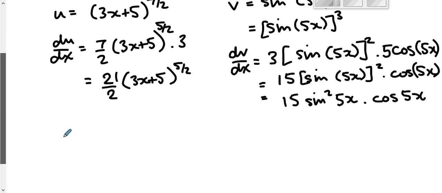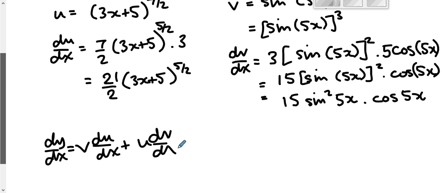So now we can apply the product rule. So dy by dx is v du by dx plus u dv by dx.